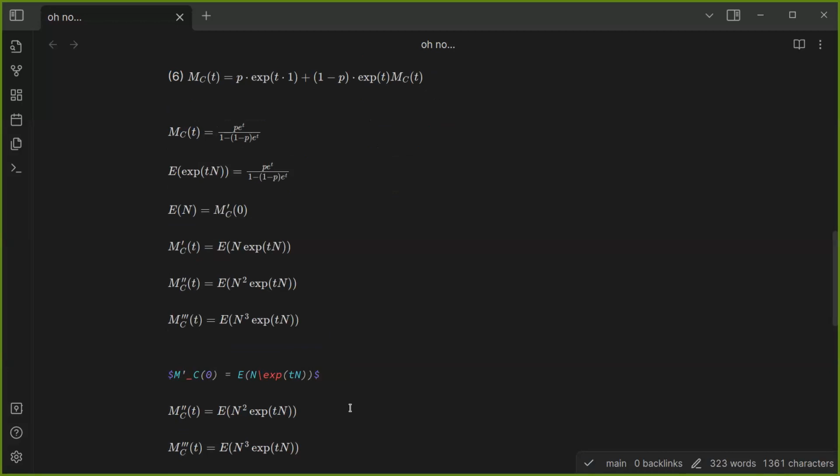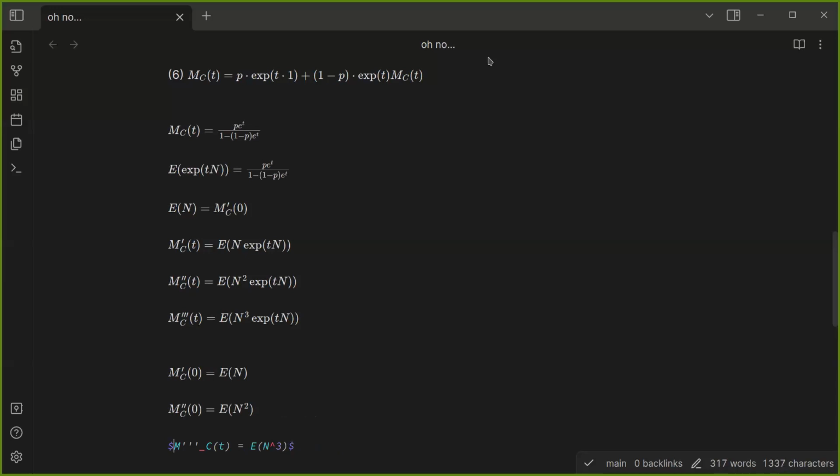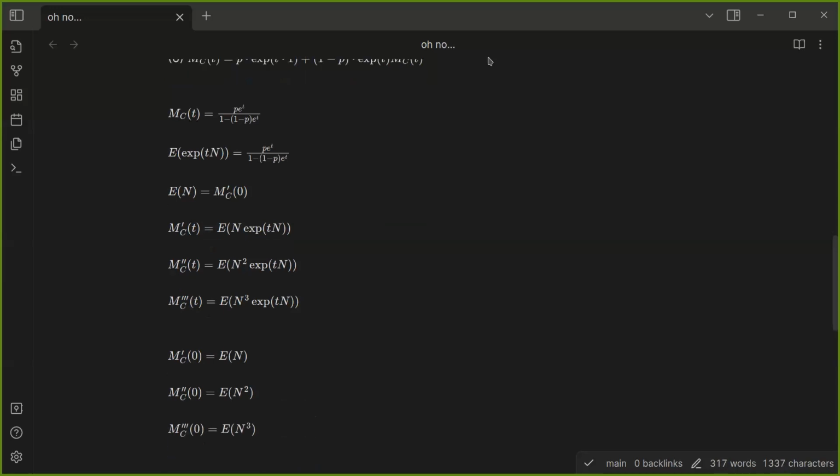Tn will be equal to 0, so the exponent of Tn will be equal to 1. So this will be the expected value of n, that will be transformed into the expected value of n squared if I calculate the second derivative at 0, and the expected value of n cubed for the third derivative at 0.